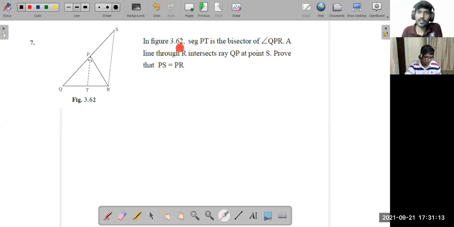In this figure 3.62, PT is given as a bisector of angle QPR, and a line through R intersects ray QP at point S. So that means the line QP is extended, and a line through R intersects the ray QP at this point S. That means it intersects externally.